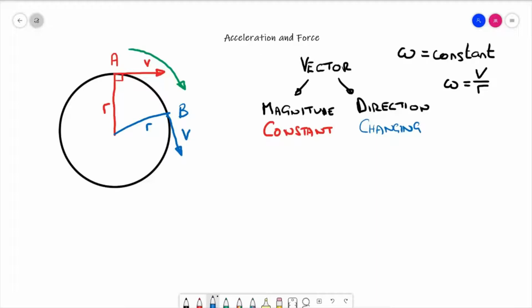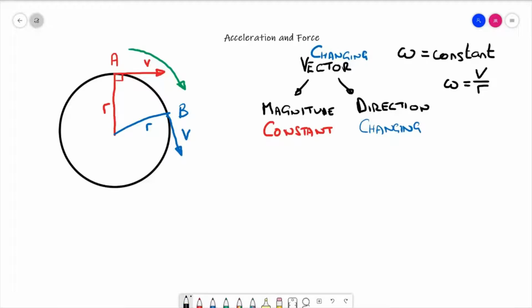Regardless of whether or not the magnitude is a constant, if one part of our vector is changing, then the vector itself is also changing. We therefore have a change in velocity. Yes, the magnitude is remaining constant, but because the direction is changing, the velocity itself has to be changing as well.